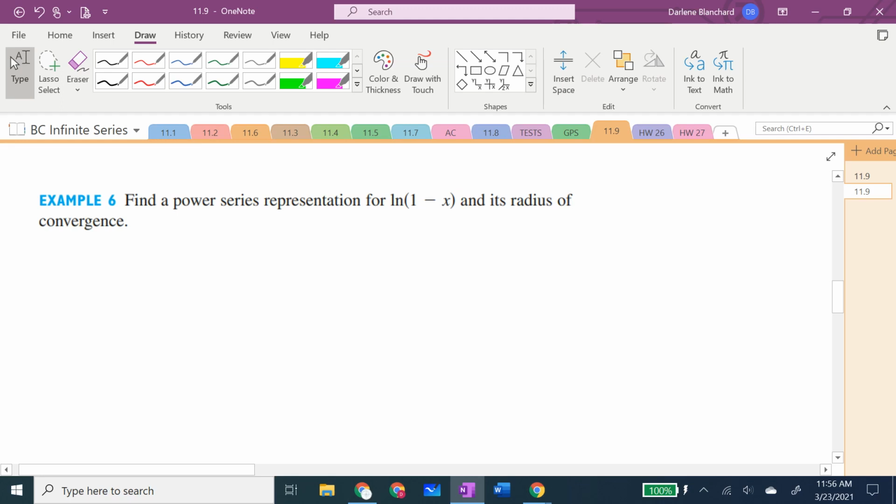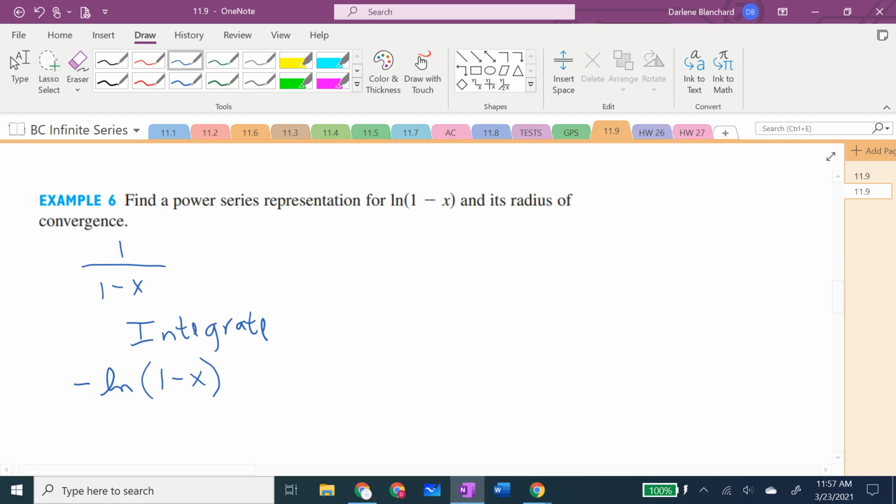So what we just found was, if we flat out integrate 1 over 1 minus x, we get the function negative natural log, and I'm going to stop using the absolute values right here. I get this function when I integrate. Yes, plus c, but just hold on for a moment.